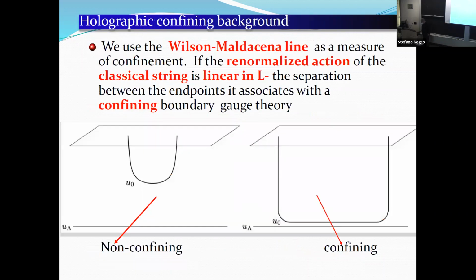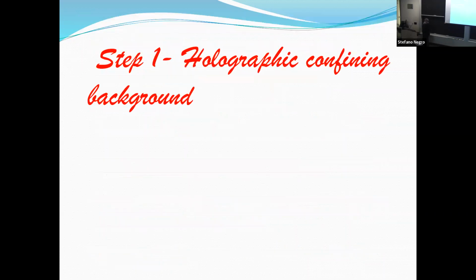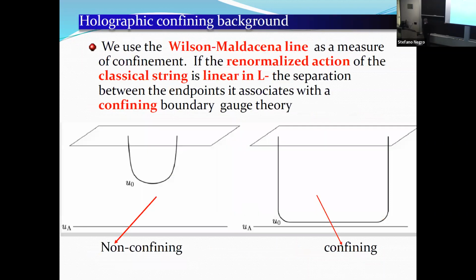So let me start with the first: what do we mean by a holographic confining background? How do we define them, and how do we construct such backgrounds? There are various properties of confinement that one can try to mimic in this holographic duality.